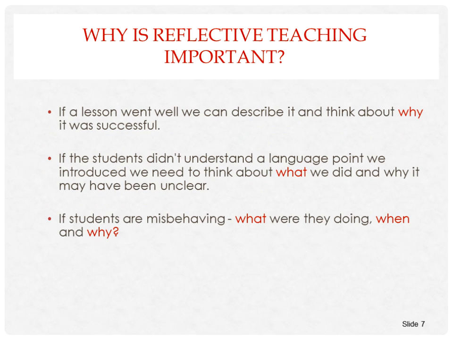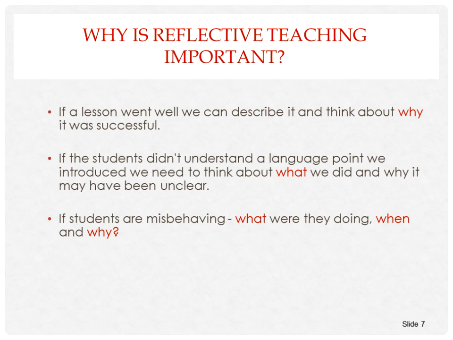If a lesson went well, we can describe it and think about why it was successful. If we describe why it was successful, then that's going to allow us to really document and replicate that successful lesson in the future, drawing meaning and making that link between your teaching approach and how learning was facilitated.